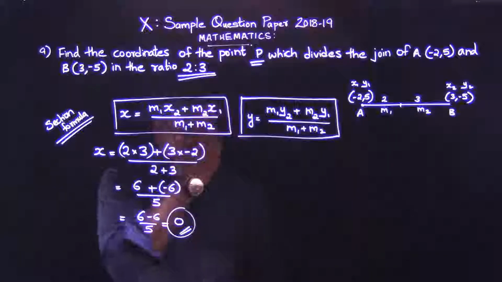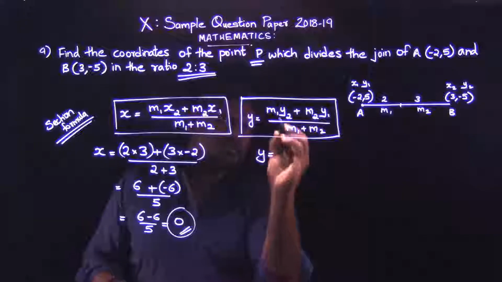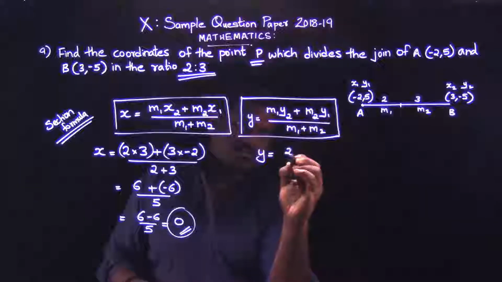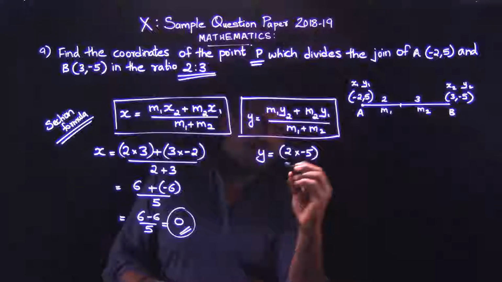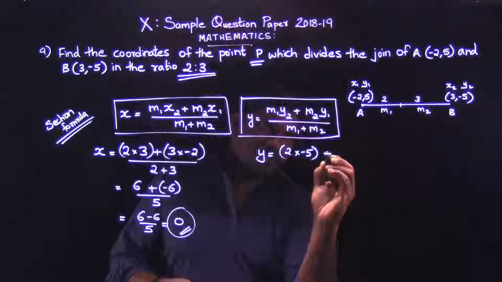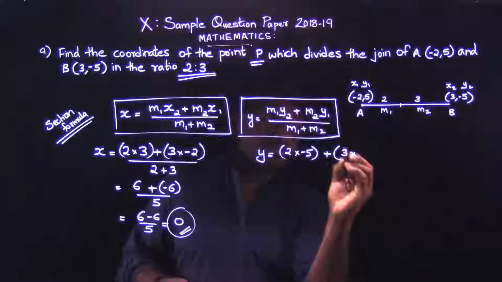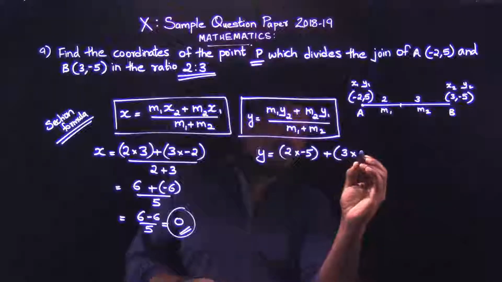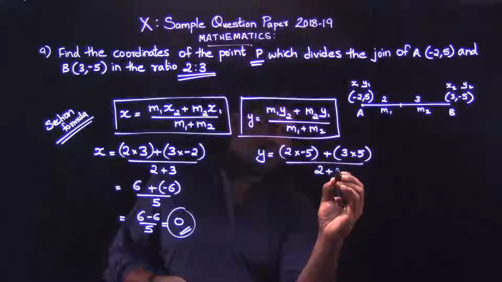Fine. Now we are supposed to find the value of y here. Y is equal to m1, again 2, into y2 which is minus 5, plus m2 which is 3 into y1 which is 5, divided by again 2 plus 3.